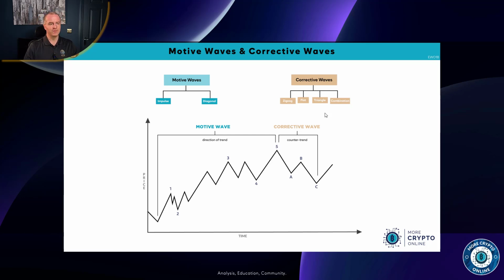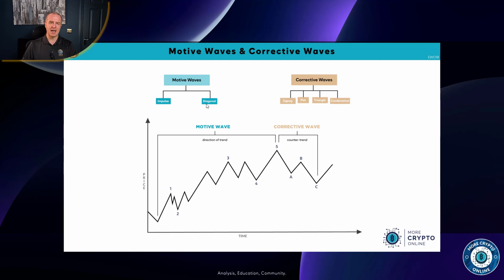What we really need to do first, before we dive further into the concept of an impulse structure, is start with the bigger picture. What do we actually have? There are 2 basic types of structures in Elliott Wave, and everything else falls into place below them. We've got the motive waves, and the impulse structure is a motive wave. The so-called diagonal pattern as well.